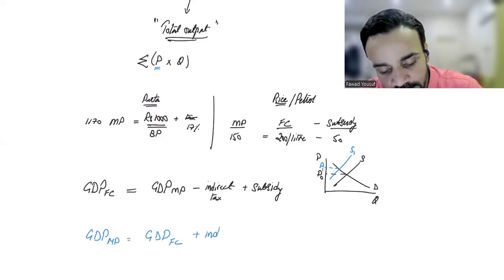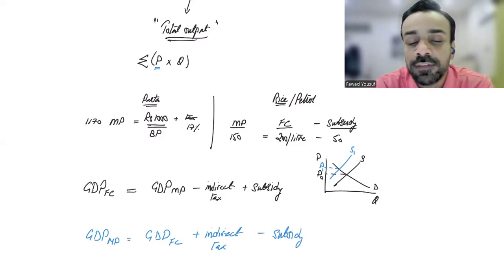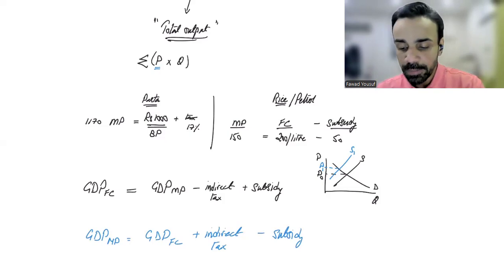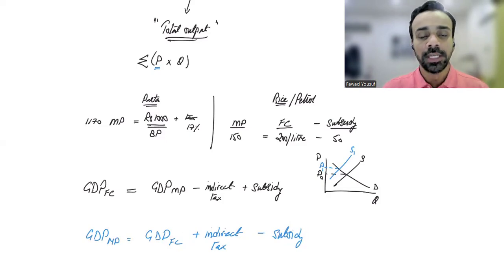So you add indirect taxes to it and you subtract the subsidy, and basically you get yourself the GDP at market prices. तो ये इस तरीके से, क्योंकि रिमेंबर सब्सिडी इज सपोज टू मेक थिंग्स चीपर, तो जो उसकी एक्चुअल कॉस्ट आई है बनाने की उसमें से सब्सिडी सब्ट्रैक्ट करेंगे एंड दैट विल गिव यू जीडीपी एट मार्केट प्राइस. तो ये इस तरीके से हमारा जो है ये एक एलिमेंट है.